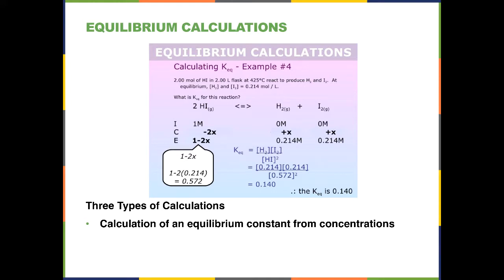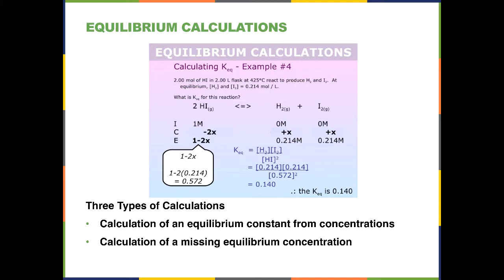The other types of calculations include a calculation of a missing equilibrium concentration, that is, you're given an equilibrium constant and some of the concentrations, but one is left out.